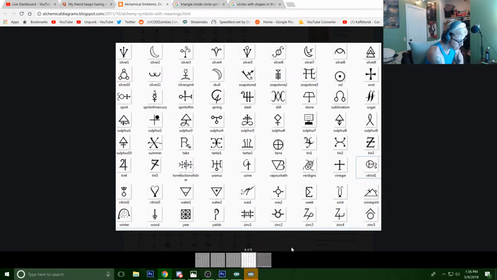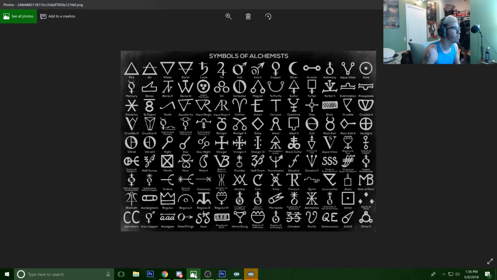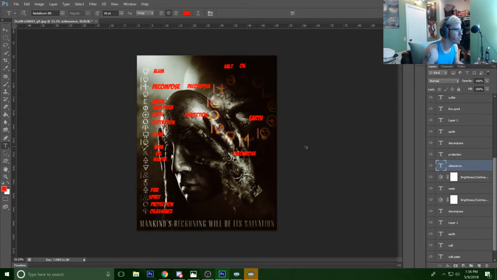Yes, that does seem very logical, but the problem is with these symbols, we can't find absolute definitions. They're from the symbols of alchemists, their alchemy symbols. Every single alchemist uses their own variation of symbols, and it depends on the era.